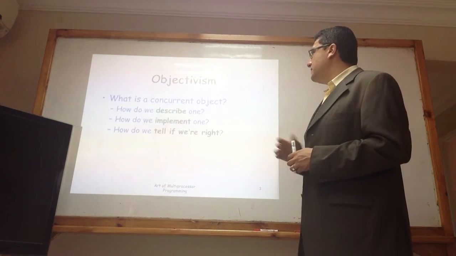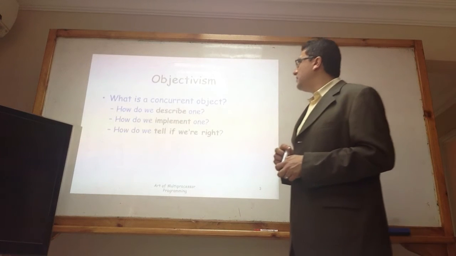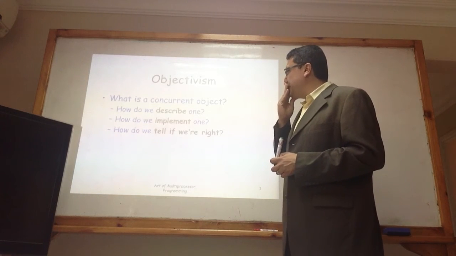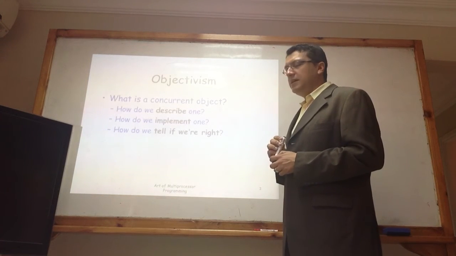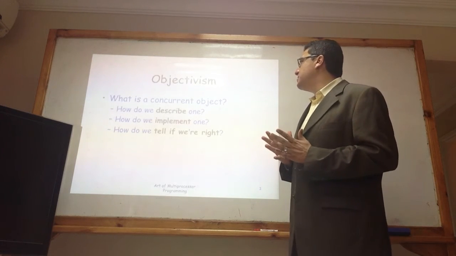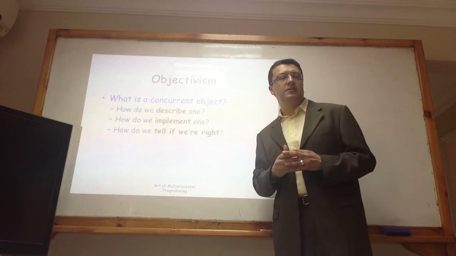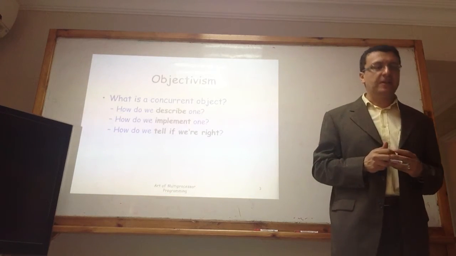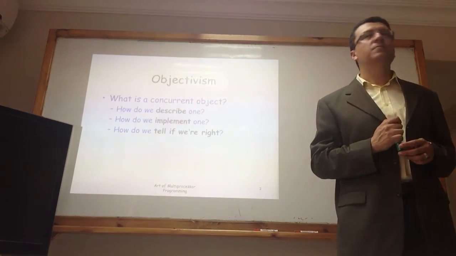So these are the general objectives of these slides. Basically, what is a concurrent object? We want to start from the beginning. So what's an object? An object is just an abstraction from the software point of view.